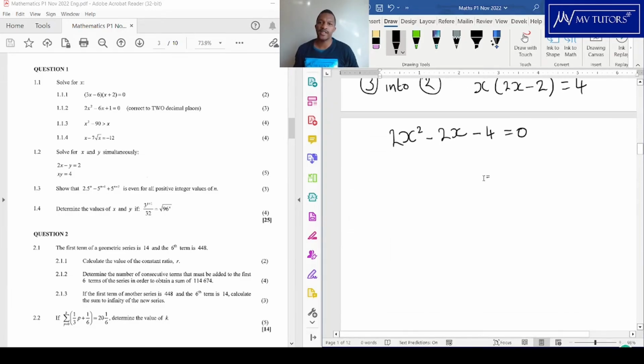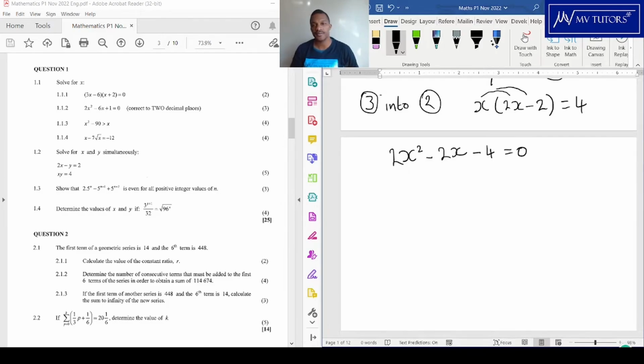Okay, now let's work with this one. Quadratic again. Or we can divide everything by 2 such that we're left with x squared minus x minus 2. Okay, now we can factorize this one very easily, isn't it? It's looking good. I love it.